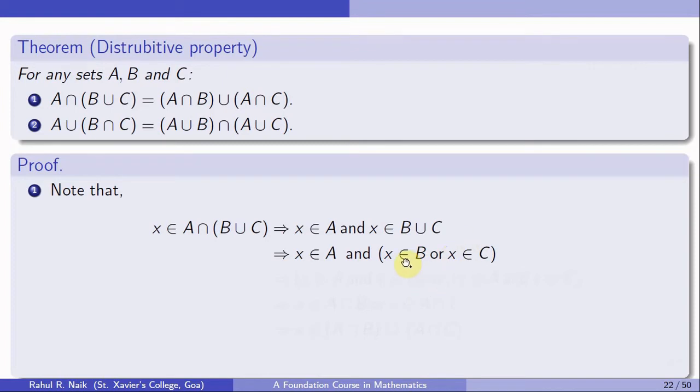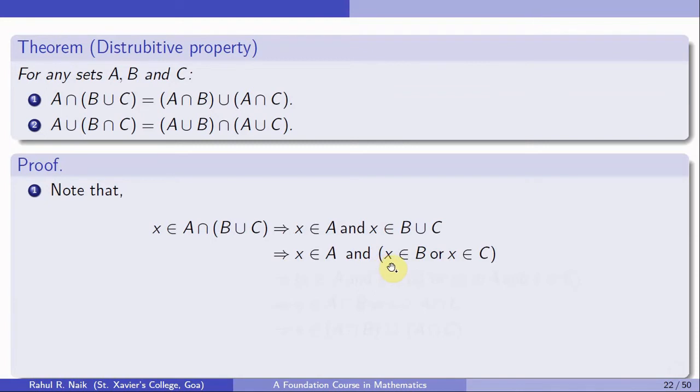I can say that x is in A and one of these will definitely be true, so x belongs to B, or x belongs to A and again one of these will definitely be true, so x belongs to C. So that would make sense saying it this way.